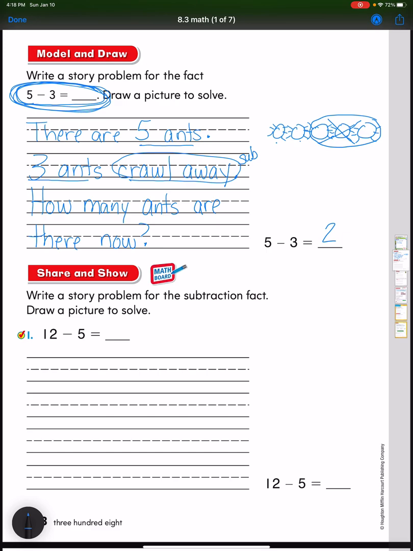Same thing. Write a story problem, a word problem, for our subtraction fact and draw a picture to solve. All right, so what they give us is 12 minus 5. We need to create a word problem for our subtraction sentence, 12 minus 5. So here's my word problem. Let's see. Maheen has 12 rocks. She has 12 rocks.